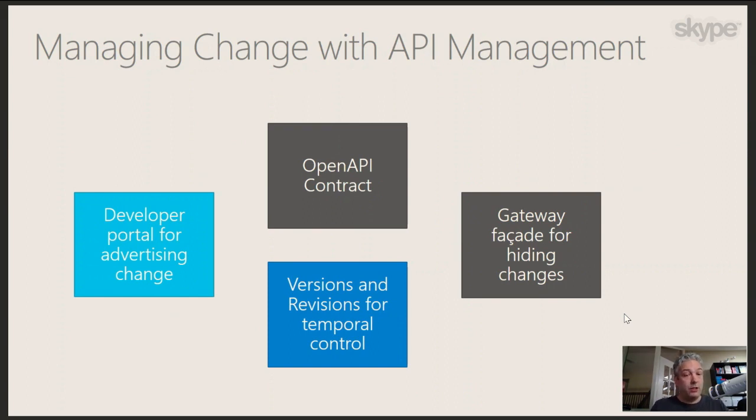Versions and revisions allow you to control when your consumers will see those changes, whether they can opt into them or whether they get them automatically. And the gateway transformation policies allow you to hide implementation details that you don't want to leak out and allow you to make changes behind the scenes without actually affecting your customers.